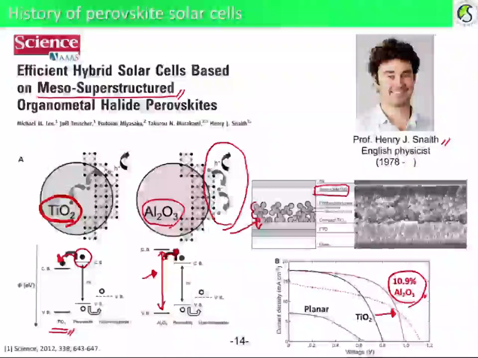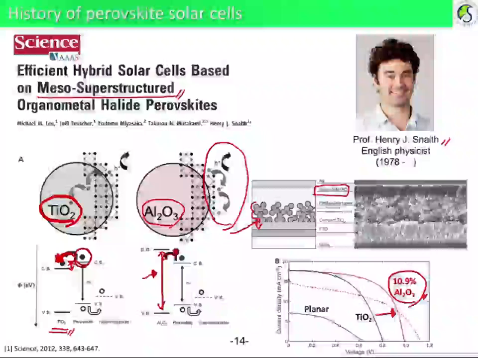It is because if we inject the photo-generated electron into the conduction band of the titanium dioxide, there should be some loss of the potential.